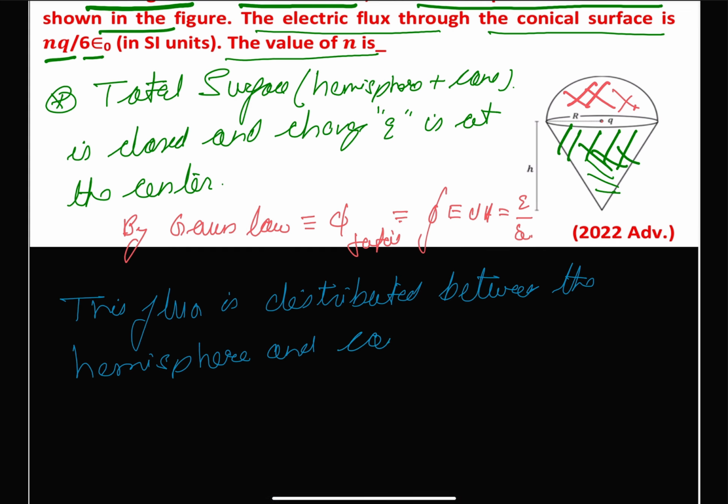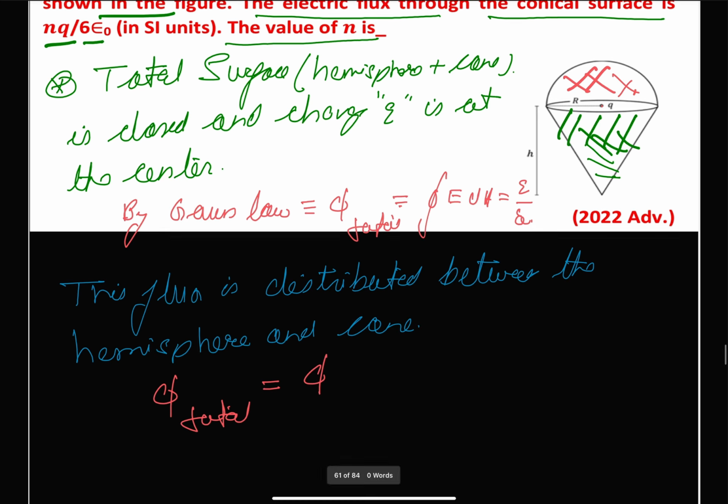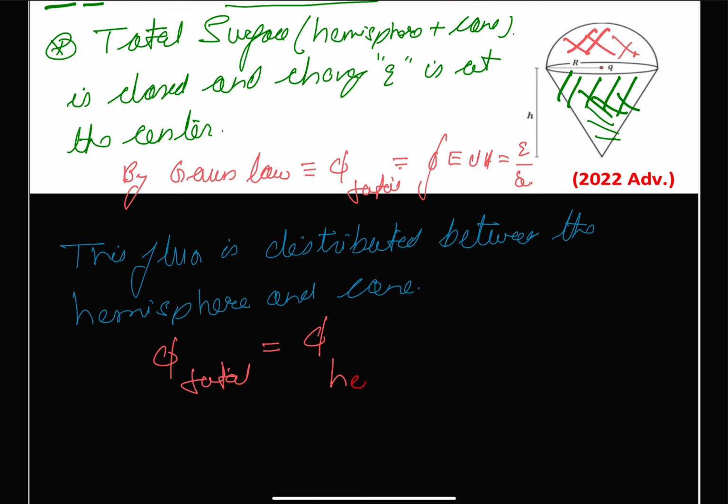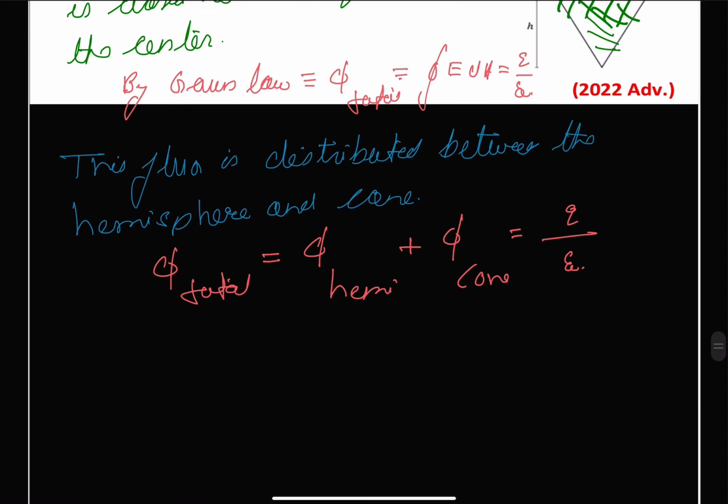In what ratio it is distributed, we are not aware. That will be more or less dependent upon the solid angle. But from here we can write our phi total will be equal to flux distributed in the hemisphere plus flux distributed in our cone, and that will be equal to q upon epsilon naught. And like I said, this distribution will be proportional to or dependent upon the solid angle.